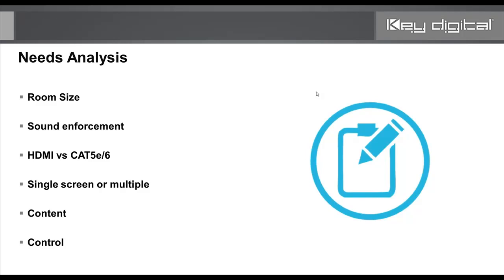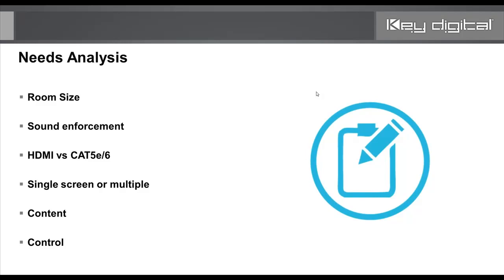What is the content that they wish to show on the screen and play in the speakers perhaps, whether it be from laptops that are bring your own, or perhaps AirPlay from iOS devices, local set-top box, that sort of content, maybe digital signage.